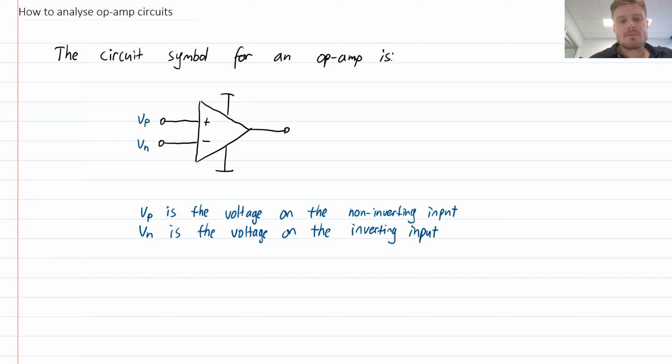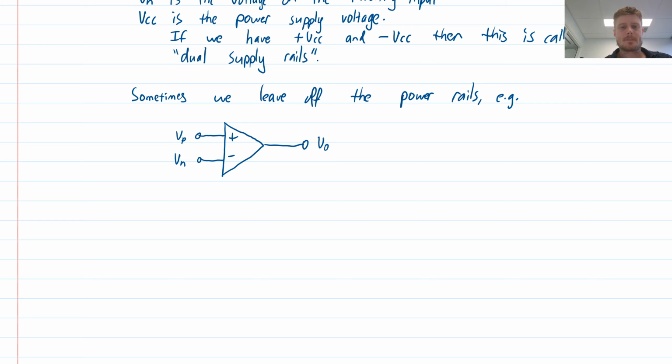Now, the way that an op-amp works, let's just label these again, VP, VN, and Vout.